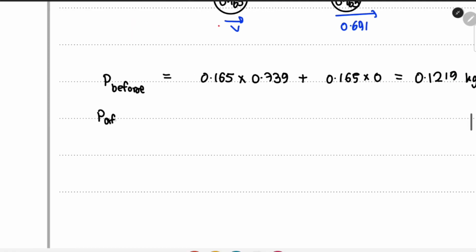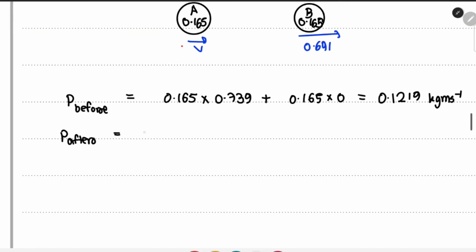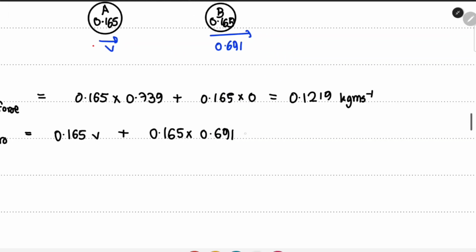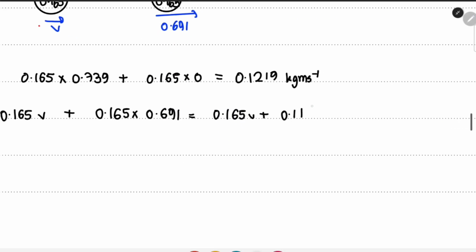The momentum after is equal to 0.165 V plus 0.165 multiplied by 0.691. So it's 0.165 V plus 0.1140.